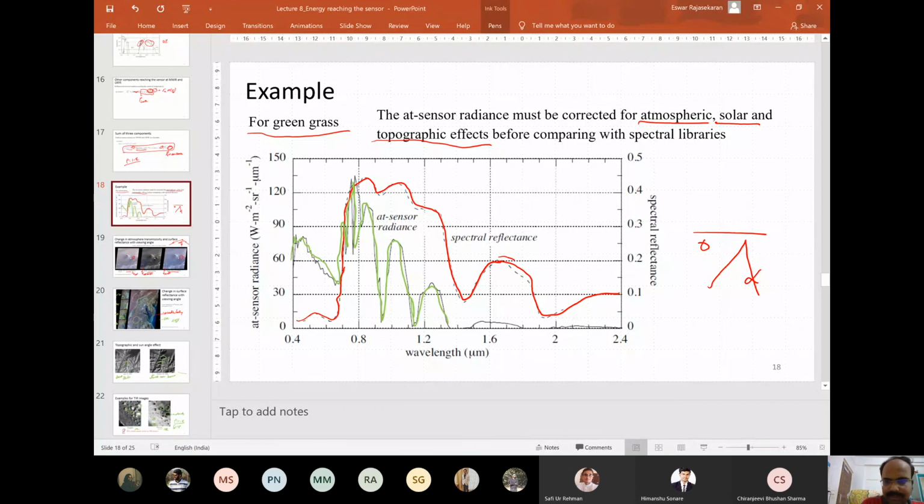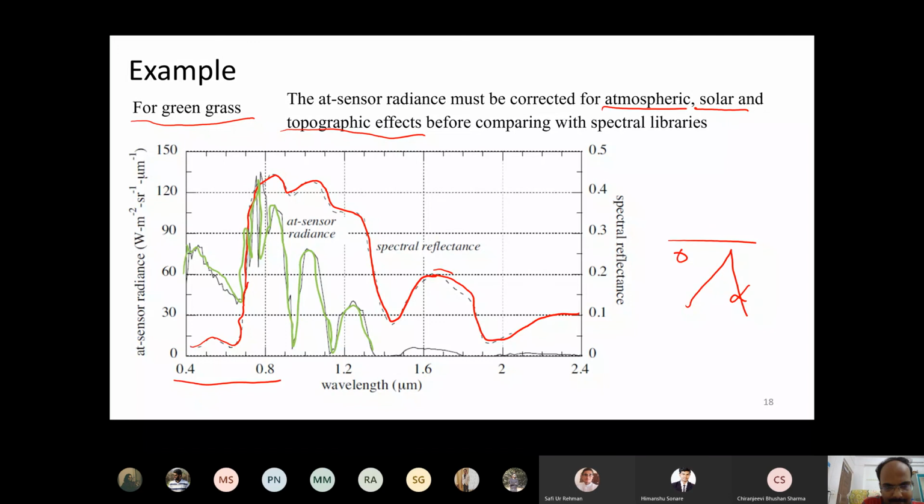So in the 0.4 to 0.8 micrometer region, naturally scattering will be more, so more path radiance will be there, and that is why the sensor-reaching energy is much higher than at longer wavelengths. That is because of path radiance. Is it clear? Yes. Okay, fine. Any other questions?